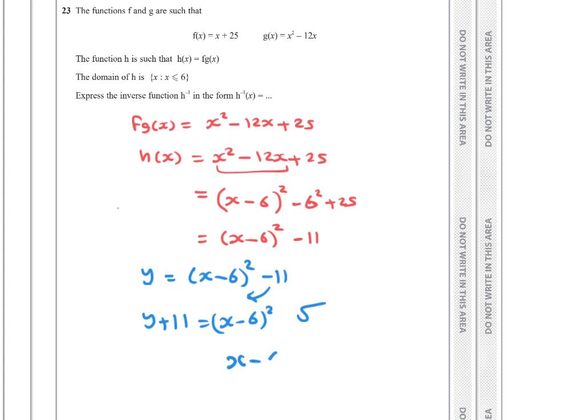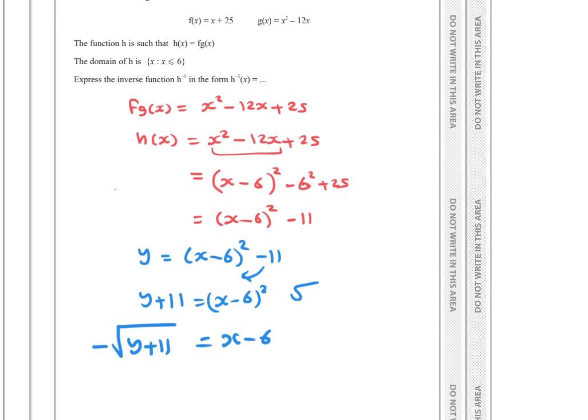So x minus 6 equals negative square root of y plus 11. When you take the square root, you have positive or negative according to the domain. If the domain is less, take negative. If the domain is more, take positive. Now transpose 6 to the other side by positive. So x equals 6 minus square root of y plus 11.